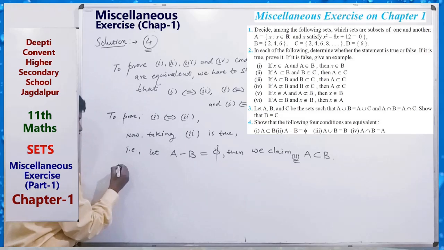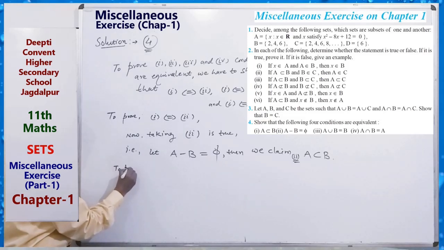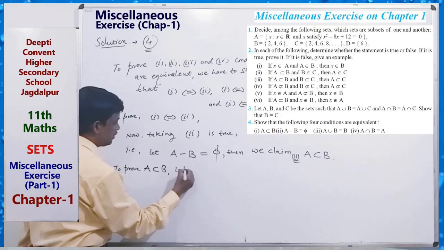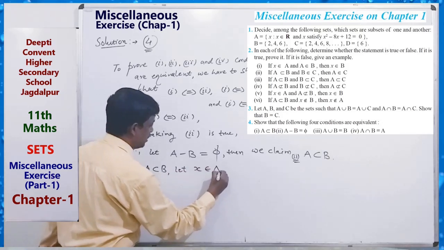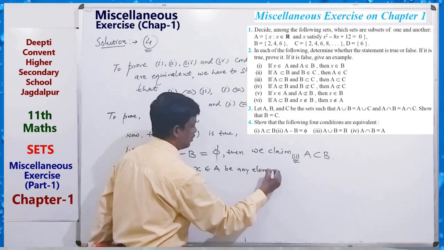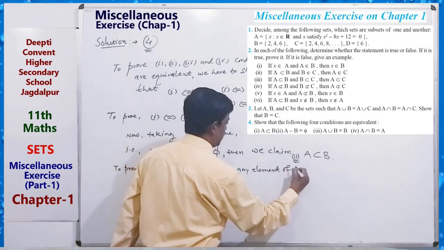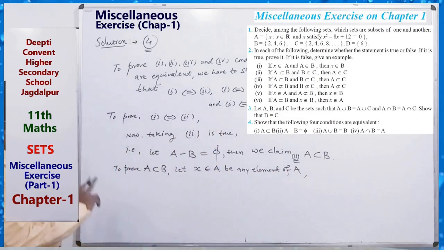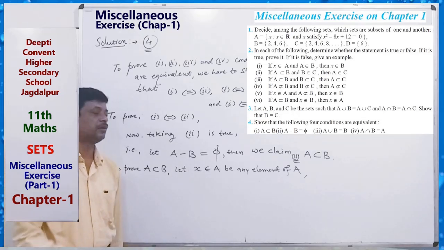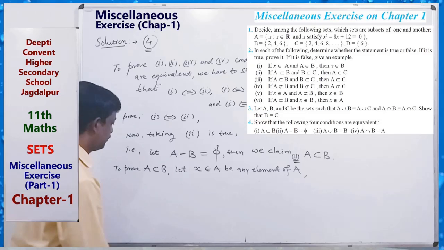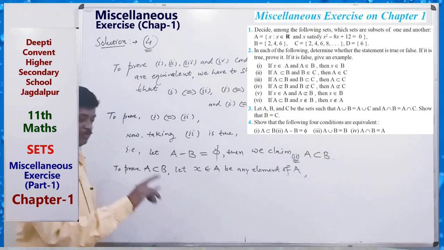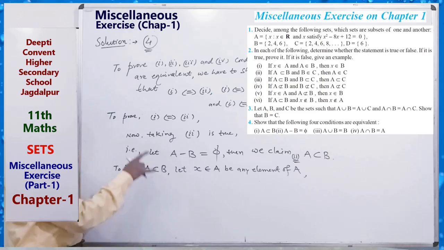So to prove A subset B, let x belongs to A be any element of A. Now we have to show that x also belongs to B by using this.